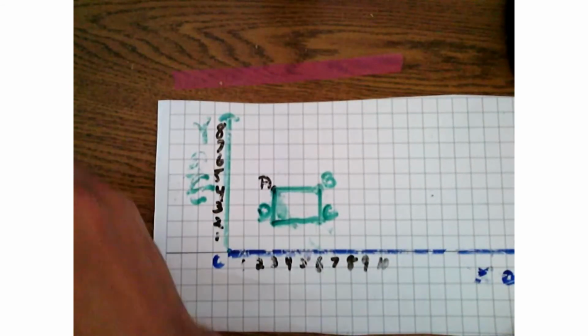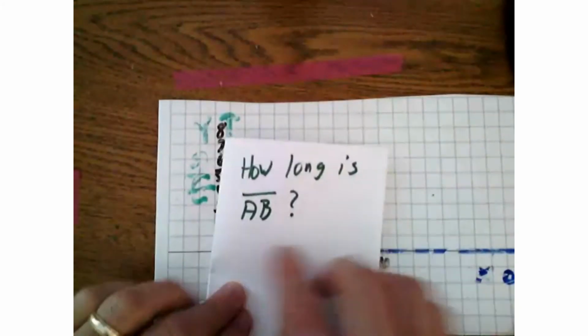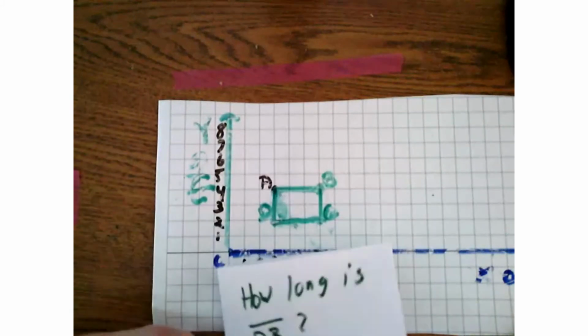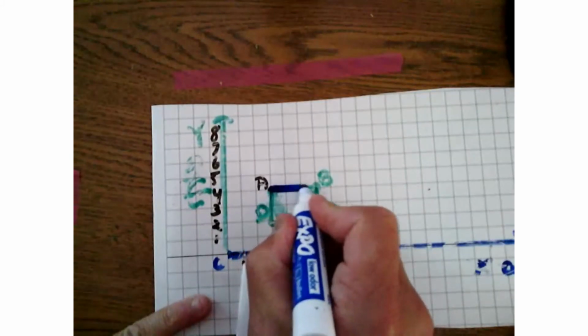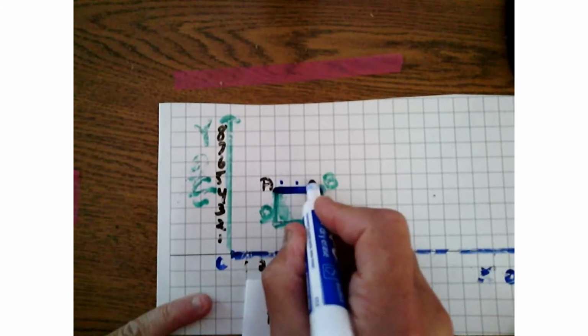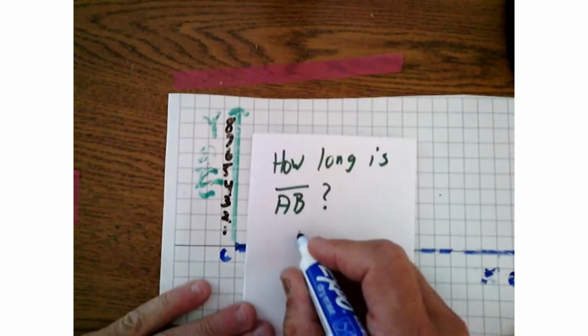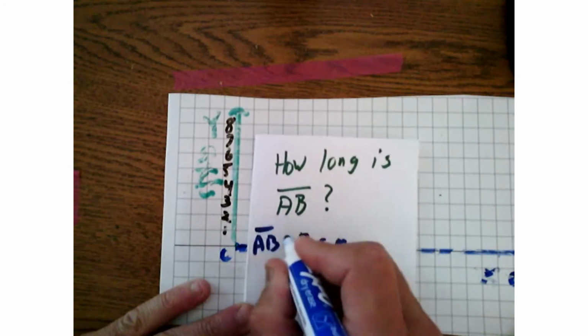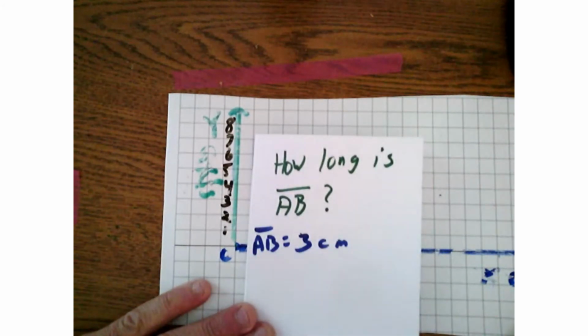What else could I ask you? Oh, we could do something like this. I could say, how long is line segment AB? Well, I go find line segment AB. Here it is. Let's pretend these are all centimeters. I could say it's 1, 2, 3 centimeters. Line segment AB is 3 centimeters.